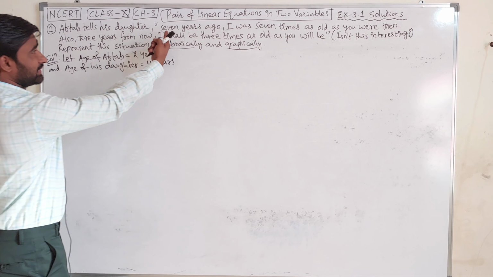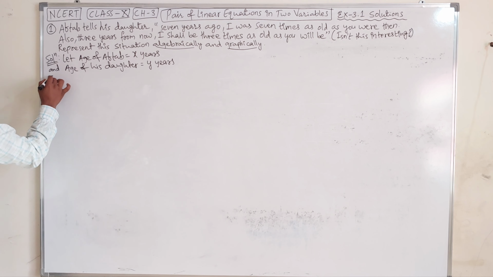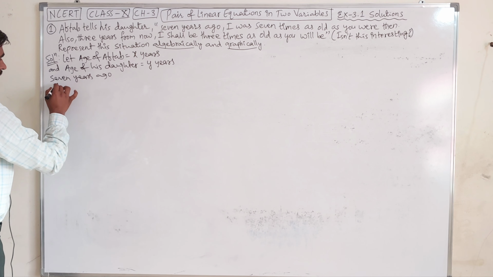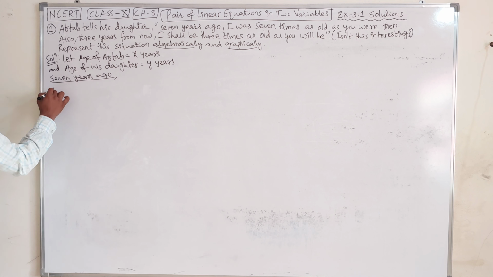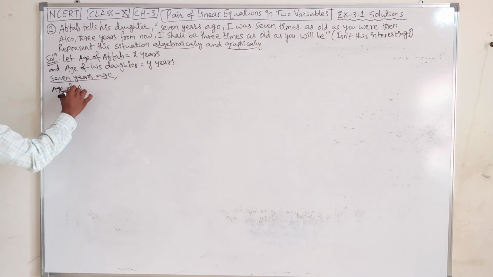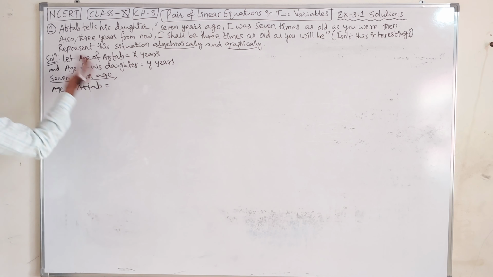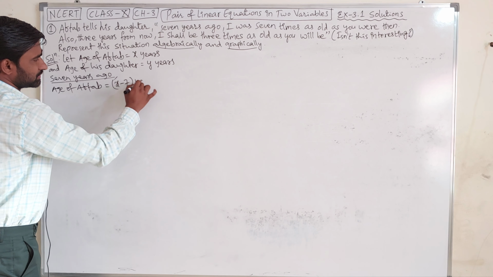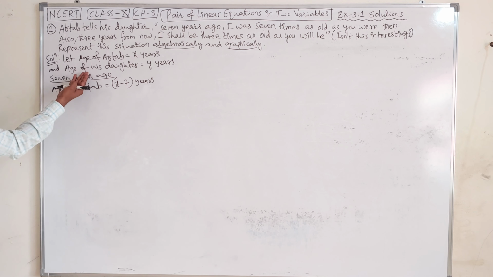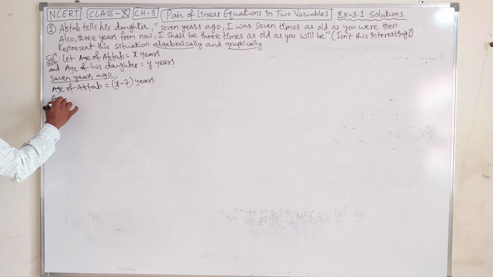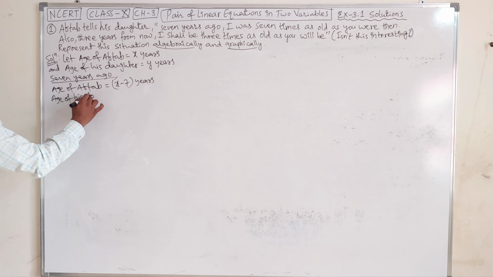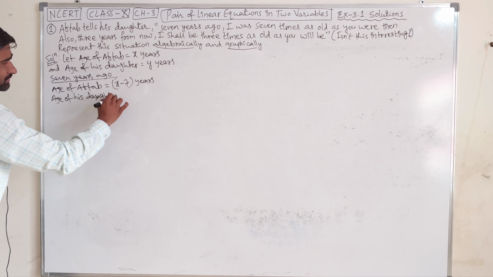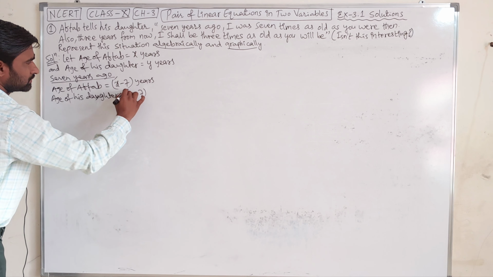Now the first condition is that 7 years ago, 7 साल पहले, the age of Aftab, आफ्ताब का age कितना हो जाएगा, x minus 7 years, and similarly the age of his daughter will be y minus 7 years.